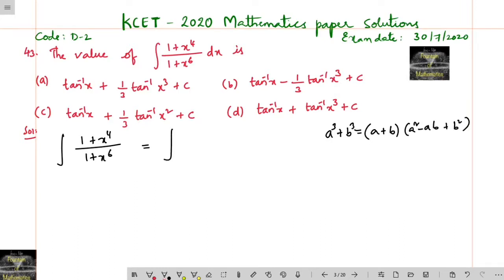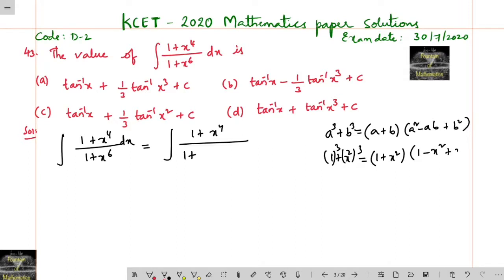So we can write this dx as 1 plus x power 4 divided by 1 plus x power 6. I am writing 1 plus x power 6 as 1 plus x square whole cube, because I am writing x square whole cube, and this is 1 cube. So I can write 1 plus x square into 1 minus x square plus x power 4, right? So we can write this as 1 plus x square into 1 minus x square plus x power 4.